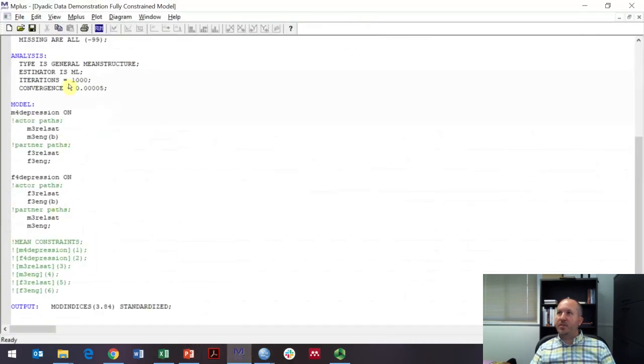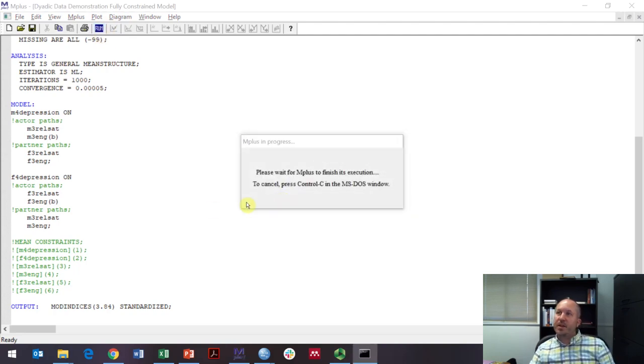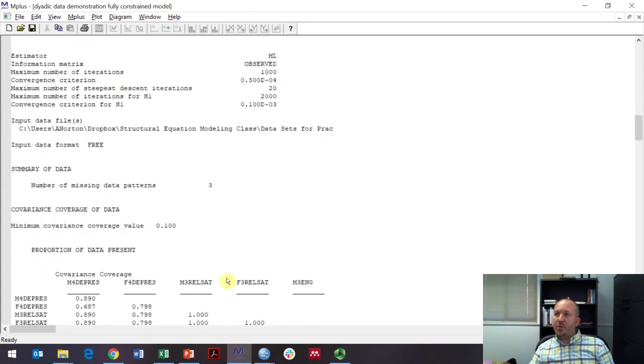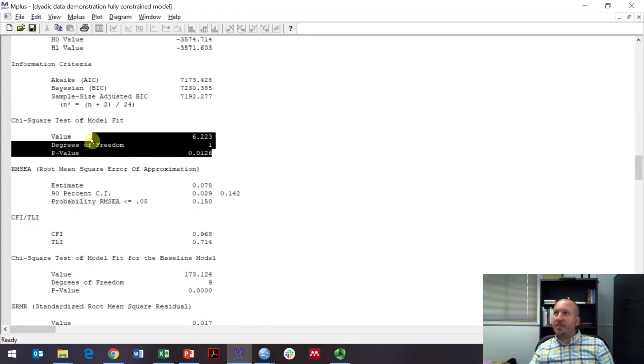I have it all set. I can run. Again, I'm going to have 1 degree of freedom, and I'm comparing it to my fully unconstrained model. I can go down to my chi-square. There it is there, and we can see that this is likewise significant, which means that these 2 paths are significantly different from each other.